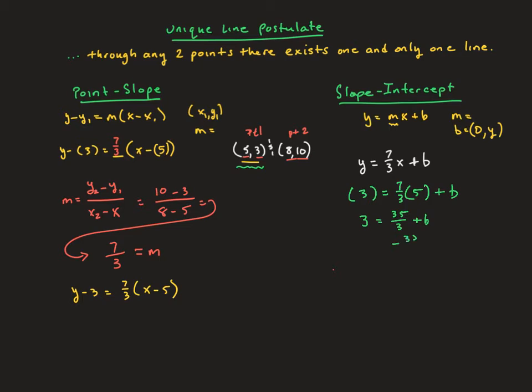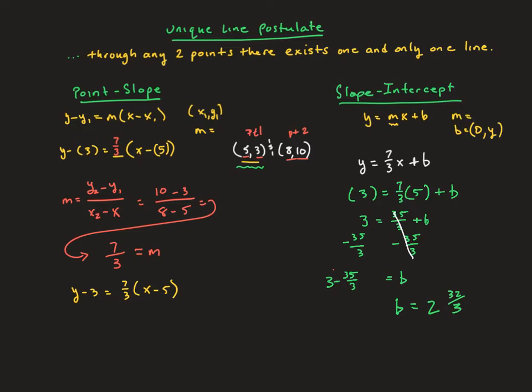I'm going to subtract 35/3 from both sides because I'm not afraid of a fraction. Then b is going to be equal to 3 minus 35/3, which then is going to be equal to, I think that's 2 32nd thirds, which is improper.